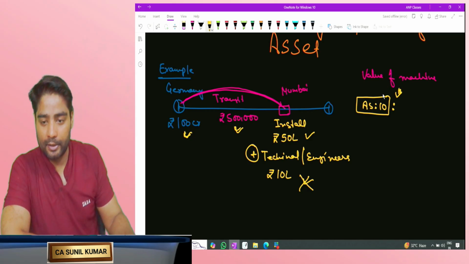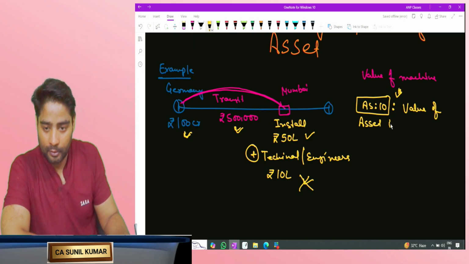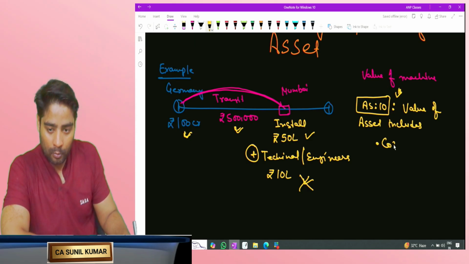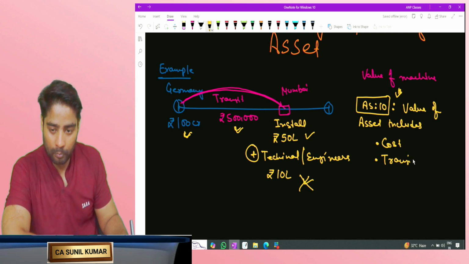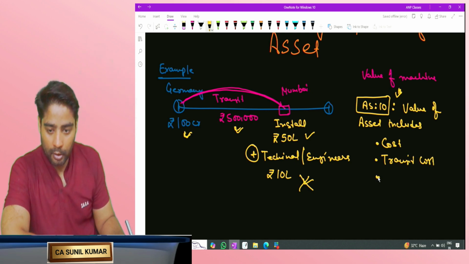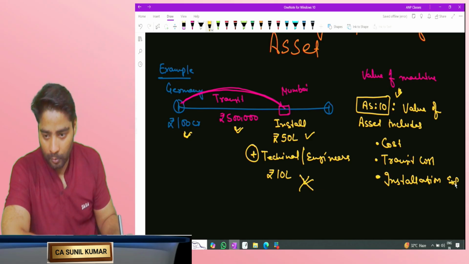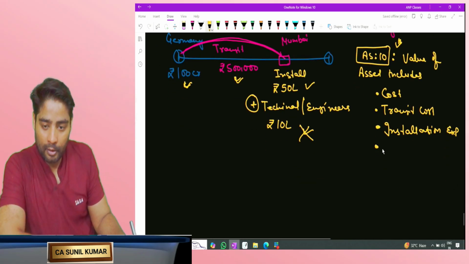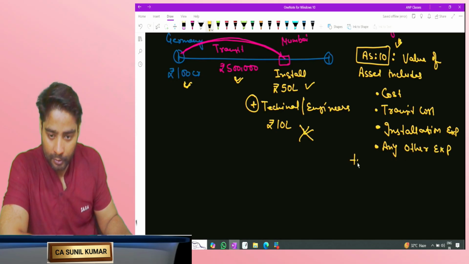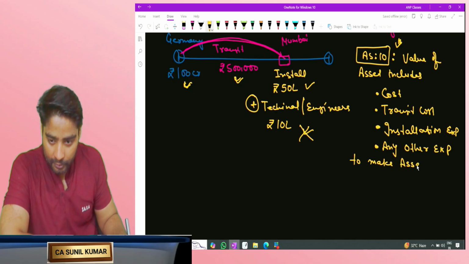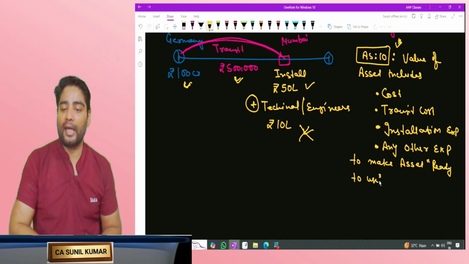Sir, accounting standard says that value of asset includes cost, whatever the cost of the asset, transit cost, installation expense, and any other expenses to make the asset ready to use.